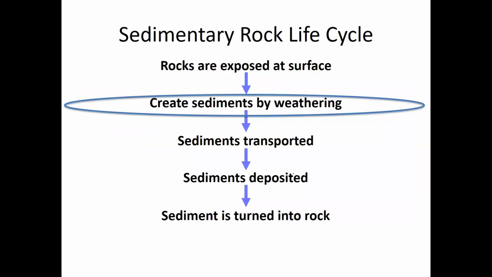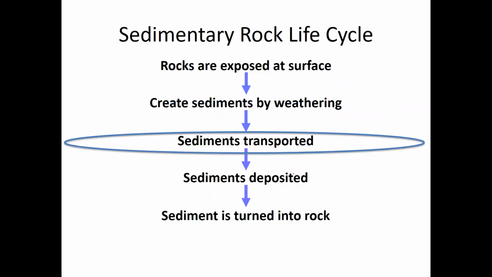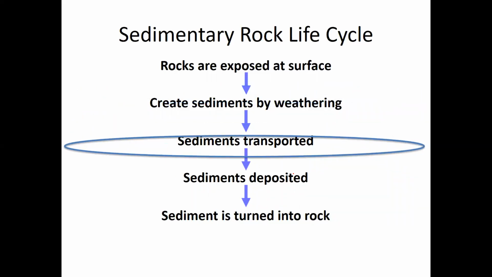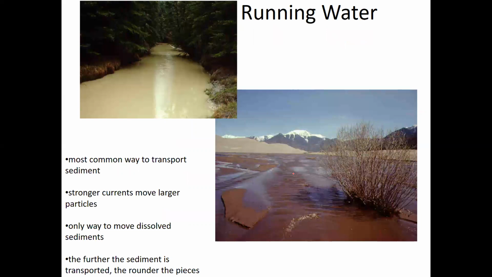So once sediment is created by the weathering of rock, usually at higher elevation, it doesn't have to be as high as the big mountain we saw in the past slide. It could just be the relatively high point of elevation, whatever the topography is. After sediments are generated, they are then transported. There are three different ways in which sediments can be transported: running water, wind, and glaciers.